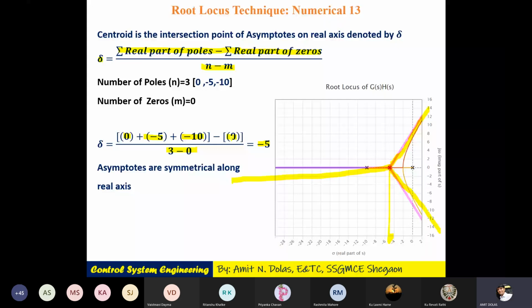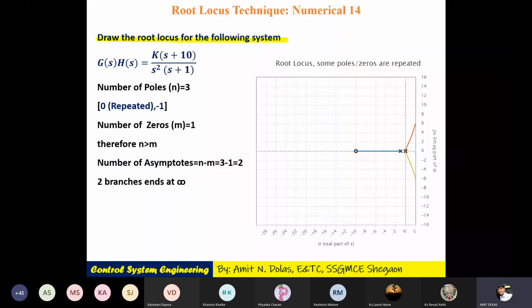So in 20 to 25 minutes it will be done. Draw the root locus of the following system. It is s plus 10 in the numerator, s square into s plus 1 in the denominator. So number of zeros, of course, minus 10, is 1.